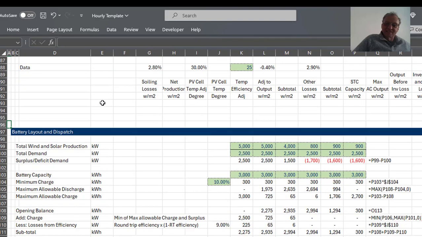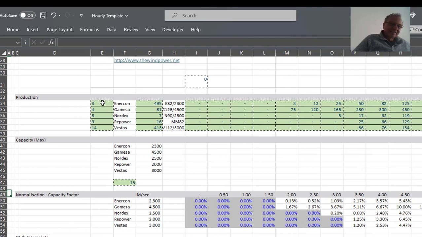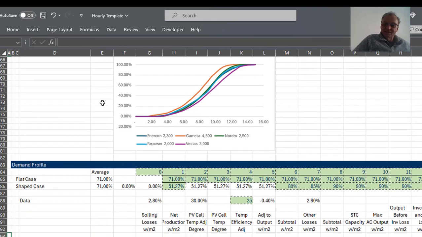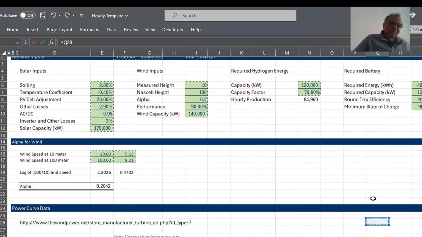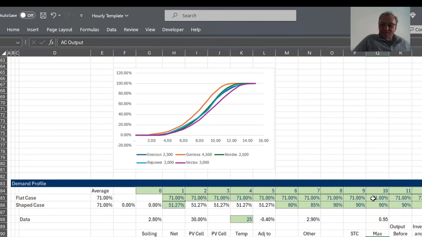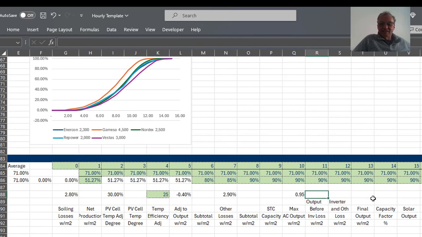This is not a very high ratio, and that depends on where you are. Okay, and so we put the AC to DC ratio, and we get our number. And then finally we might have some losses because we don't have enough AC to meet our potential load. And then finally we get our inverter losses.